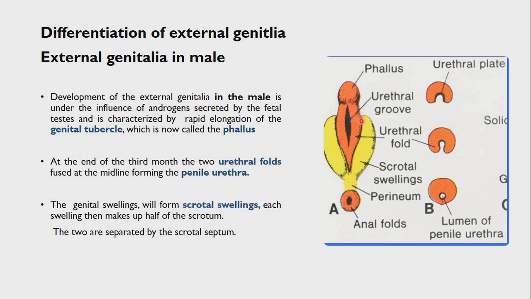The second, the urethral folds will be fused at the midline and form the penile urethra. The third change, the genital swellings which are present on each side of the urethral fold will form the scrotal swellings, and each swelling makes up half of the scrotum.